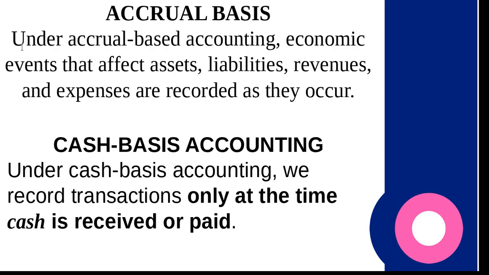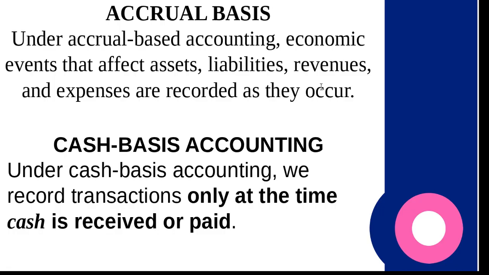Accrual basis. Under the accrual basis accounting principle, economic events that affect assets, liabilities, revenues and expenses are recorded as they occur. In accrual basis, when something occurs, that is when we recognize and record it, not necessarily when it is backed up by payment.